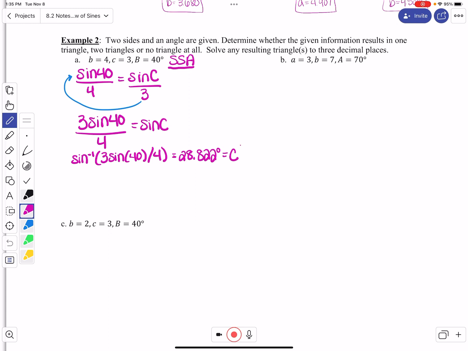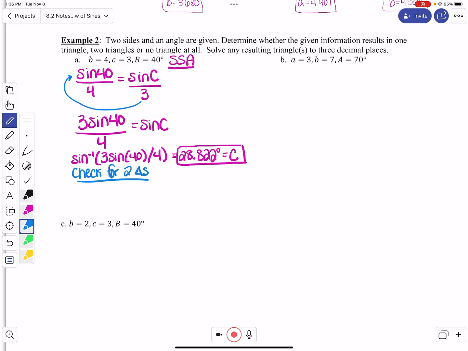So we know for sure that we have one triangle. If it wasn't going to be a triangle, we would get an error message right here. So we know for sure we have one triangle. Now from here, I'm going to check for 2 triangles.